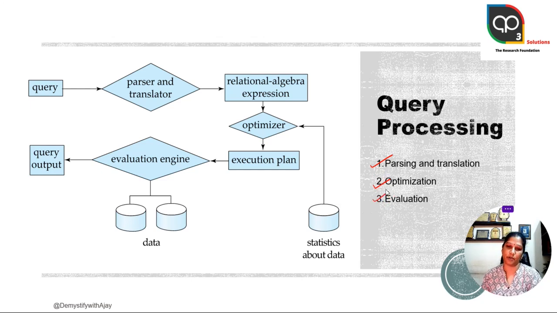And next, evaluation: the final query plan is executed, data is fetched, filtered and returned to the user. For large datasets, smart query processing can make the difference between a 3-second response and a 3-minute wait.